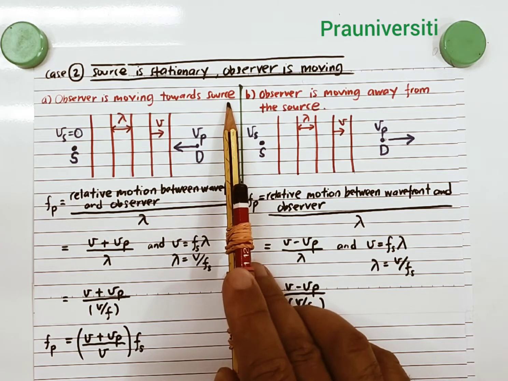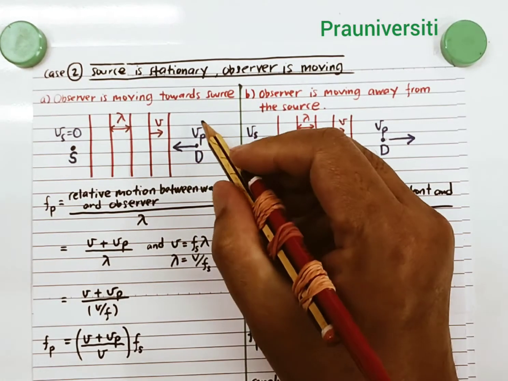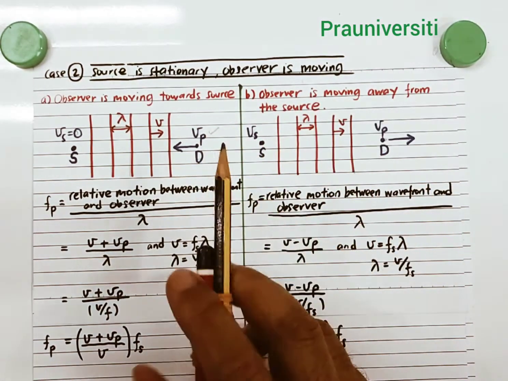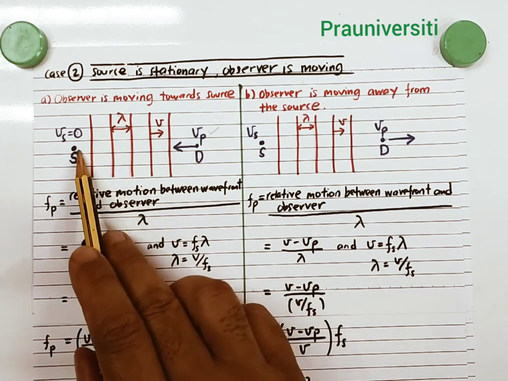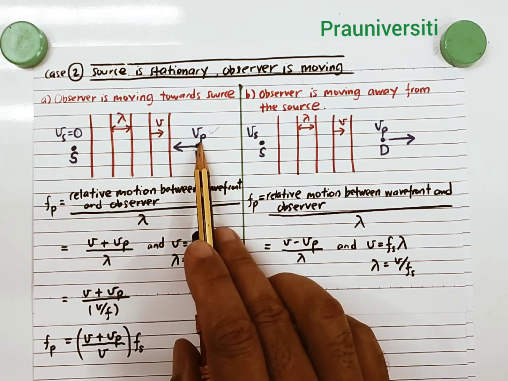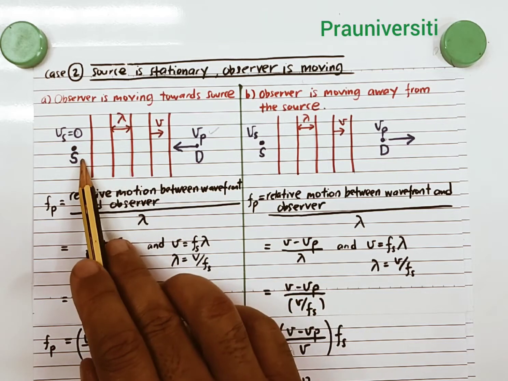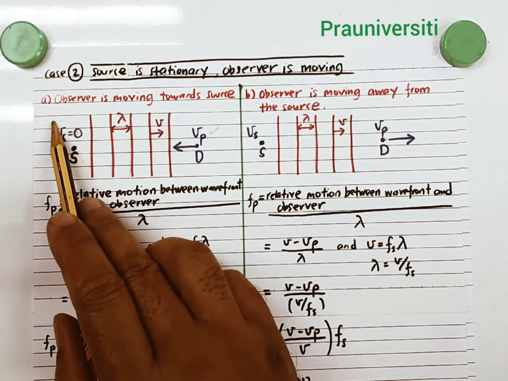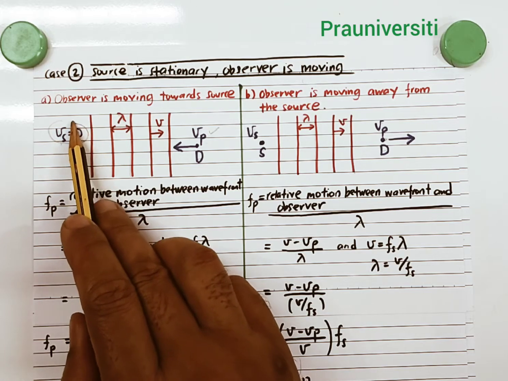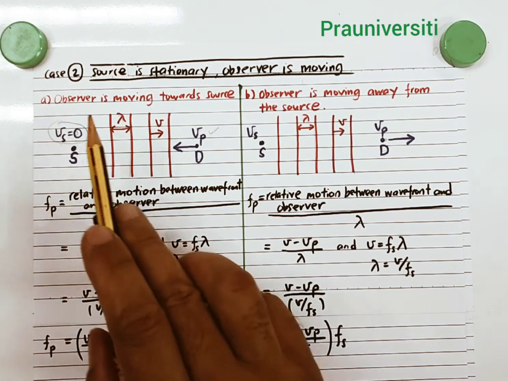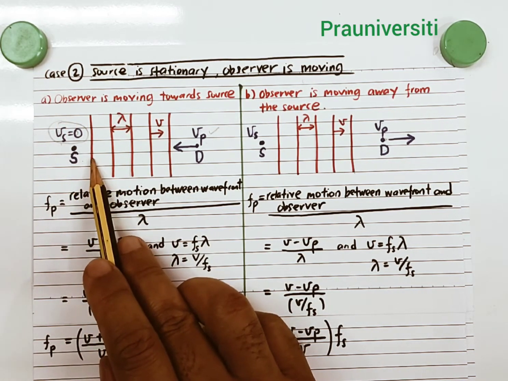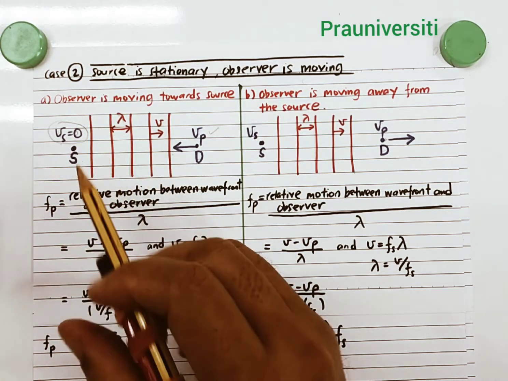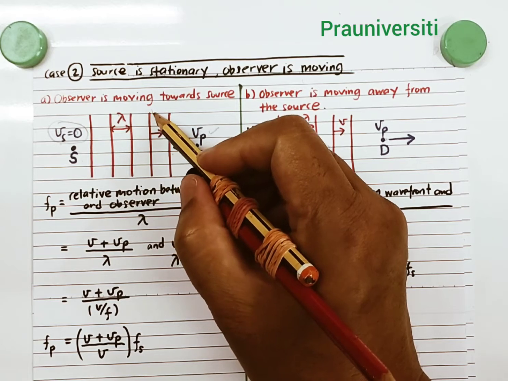Okay, so here is the observer. The observer is moving toward the source with the speed Vp, and the source is not moving. So of course Vs, the speed of the source, is equal to 0. The source produces the wavefront, here is the wavefront.